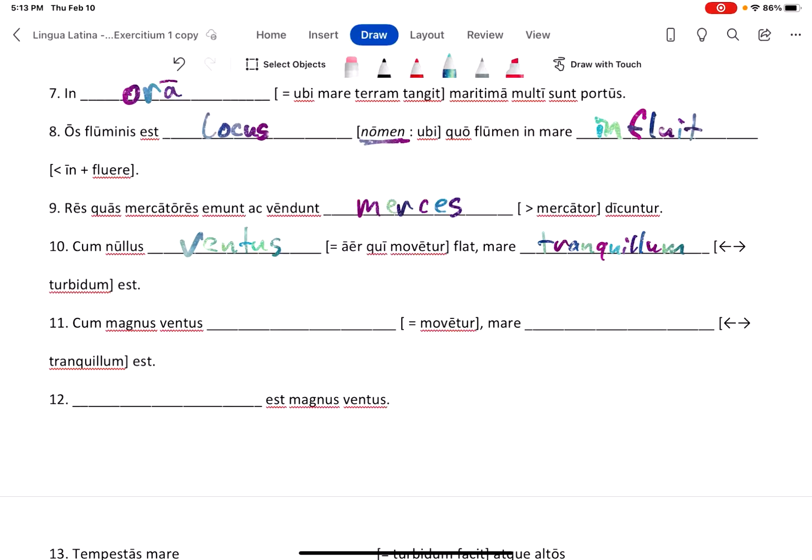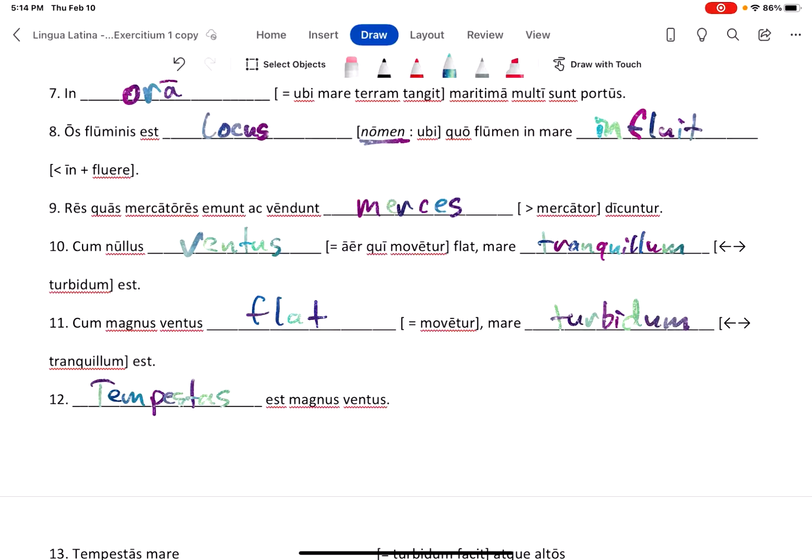Cum magnus ventus flat mare turbidum est, right? Ventus is wind, and flat means blows, when the wind blows. Blank est magnus ventus, tempestas est magnus ventus.